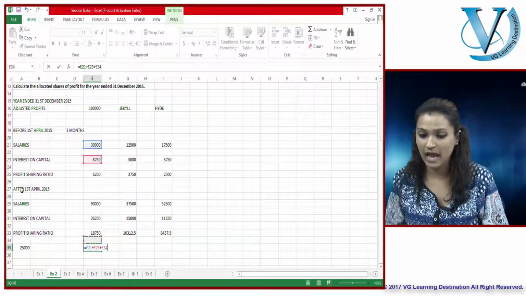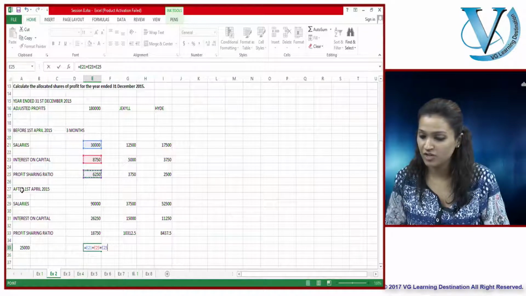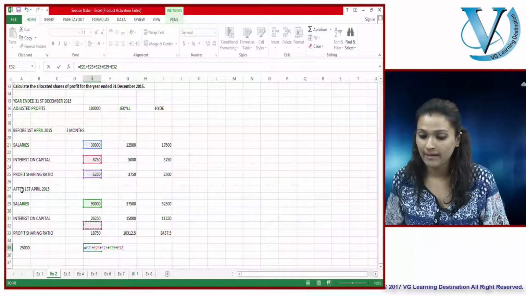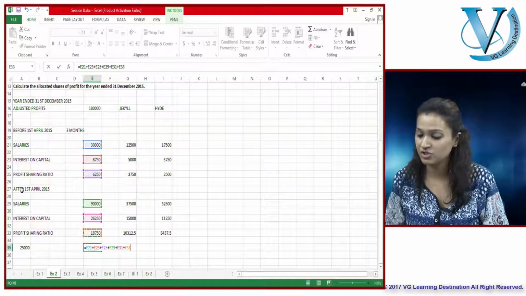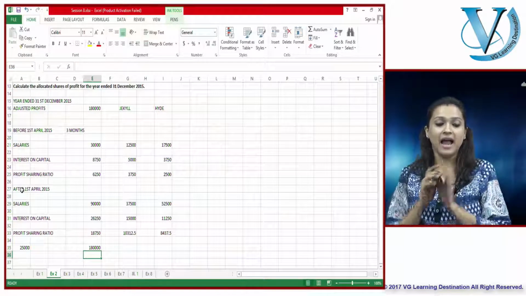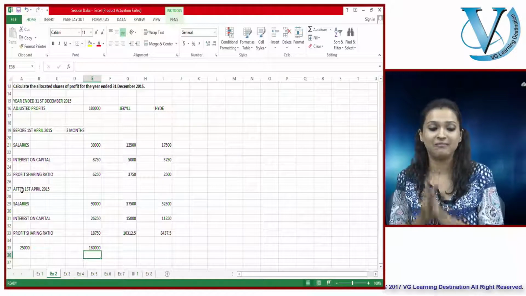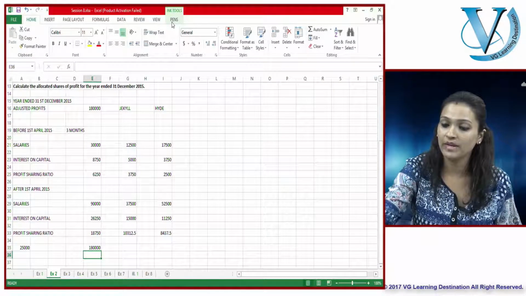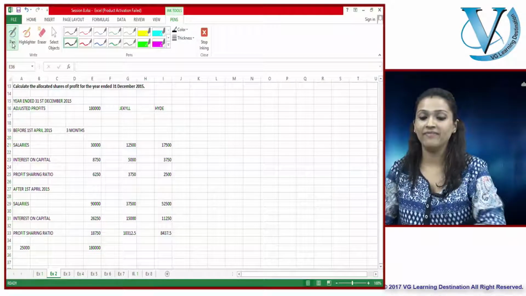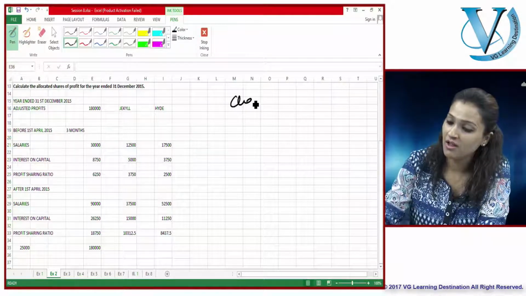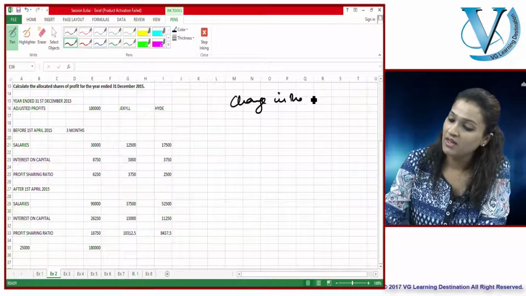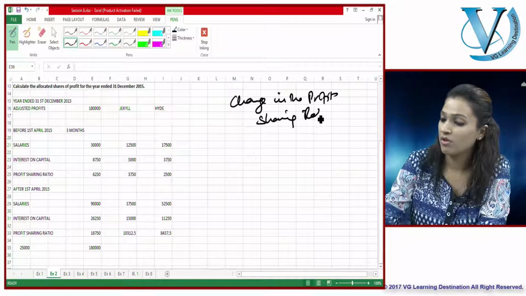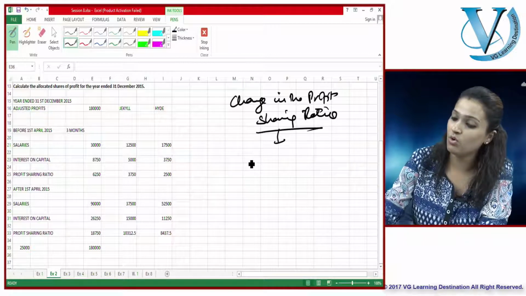Salary, interest on capital, profit sharing ratio, salary, interest on capital, profit sharing ratio. So the entire £180,000 have been split accordingly. So very simply, what we need to do is that when there is a change in the profit sharing ratio, you need to do what?